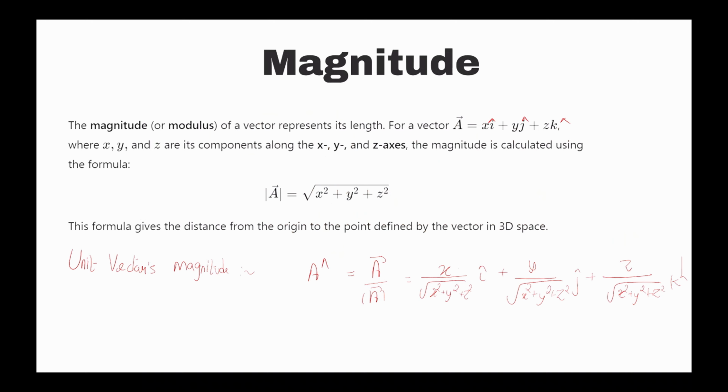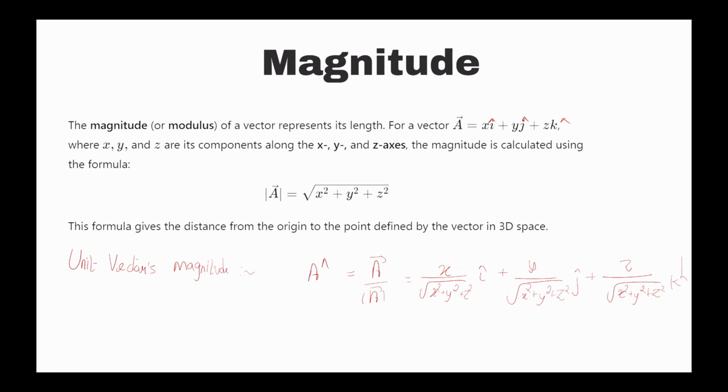Now talking about magnitude, the magnitude of a vector represents its length, so basically its distance from the origin. If I have only a single vector given, a vector as x i cap plus y j cap plus z k cap, its distance from the origin, or its magnitude, also known as the modulus, can be written as root under x square plus y square plus z square.